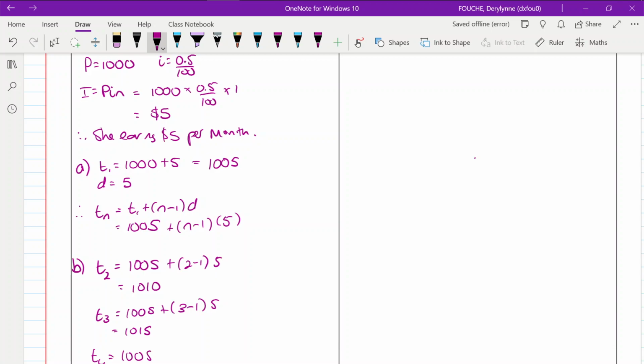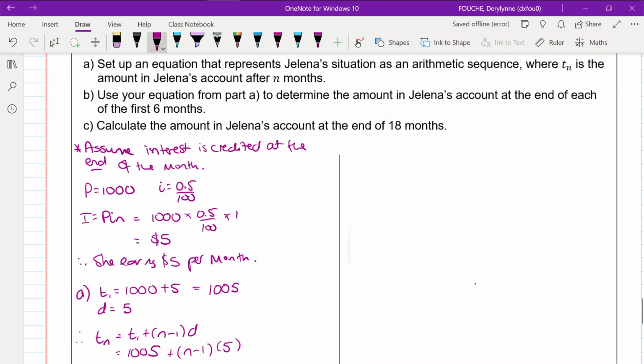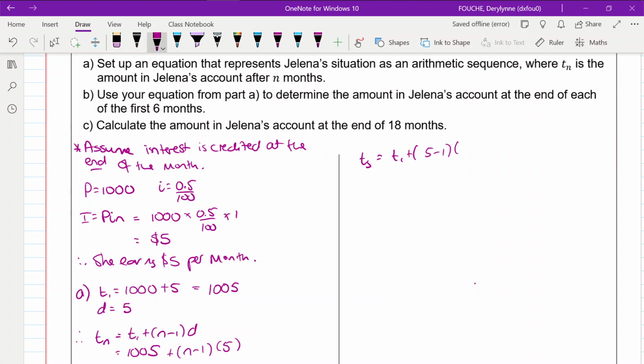T4, and T5 will be T1 plus 5 take 1 D times 5, 1,005 plus 4 times 5, and that will be 1,025. And T6 will be 1,005 plus 6 take 1 times 5, it'll be 1,030.